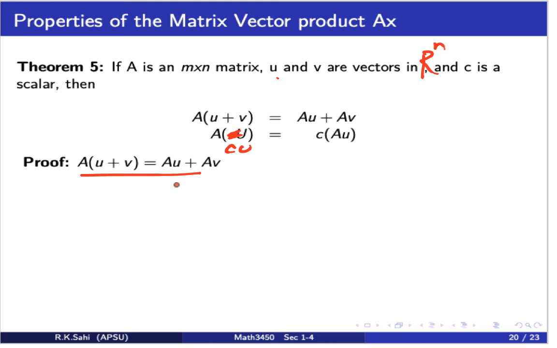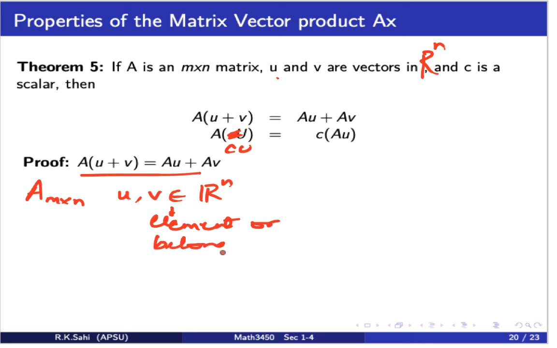So, going back over here, for the proof of this one, what we're doing is proving that the sizes are the same. So let's look at this one. A is an m by n matrix, clearly, and u and v are elements of Rn, that means they belong to Rn.